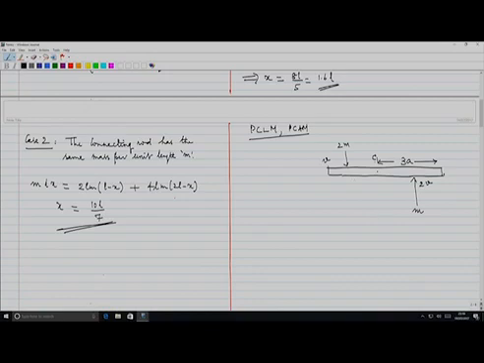And this distance is a. This distance is a. Okay. Part 1: determine VC, the velocity of the center of mass.